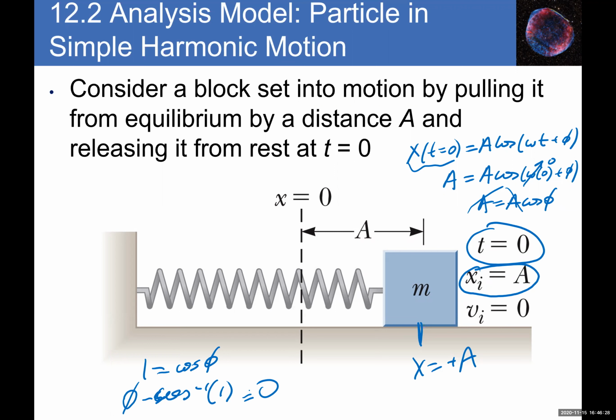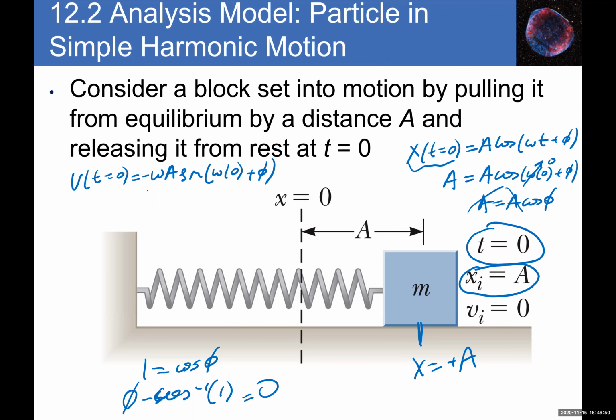All right. And then the same thing I can do for the velocity at t equals 0, which equals negative omega times A times sine of omega times 0 plus phi.